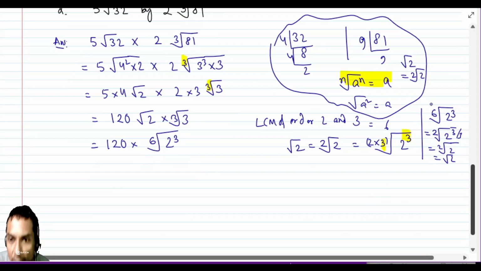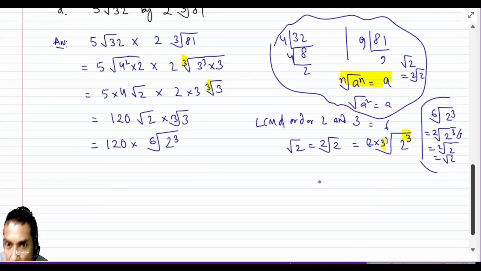It is not that complex, but you only have to consider that root 2 means 2 root 2, then only it is possible. So you can convert it easily. What does that mean? I will give you one simple example.